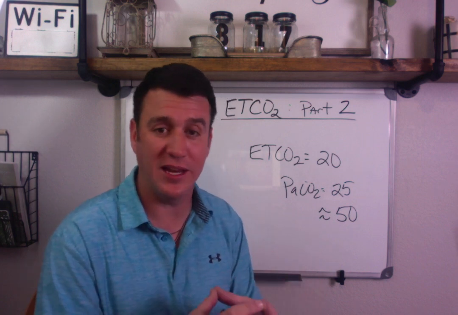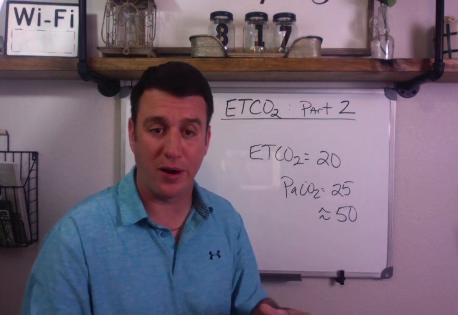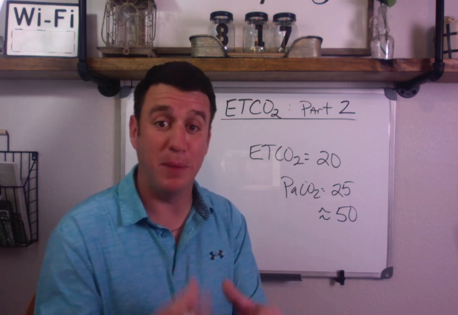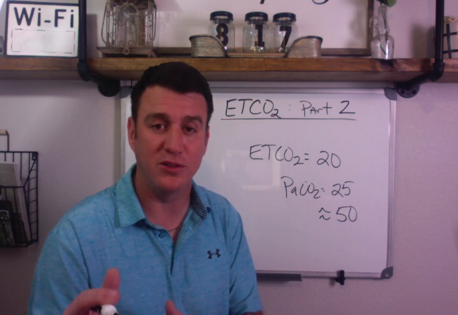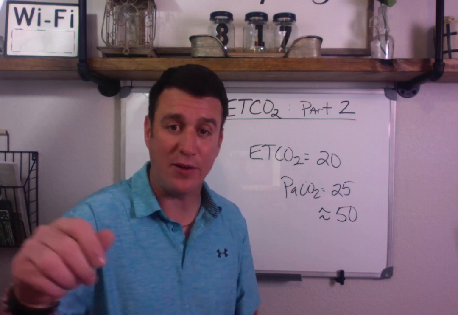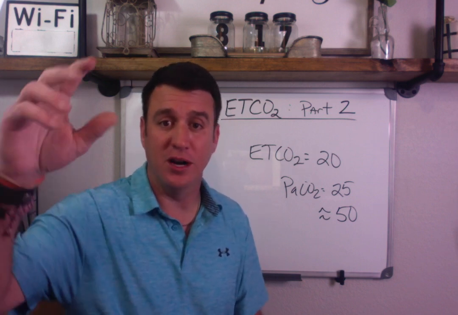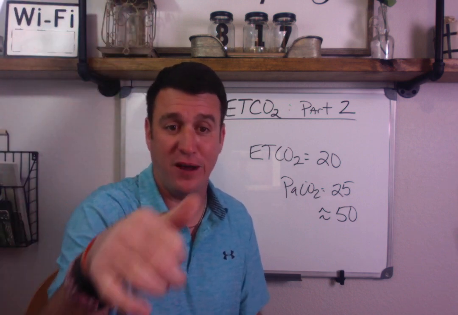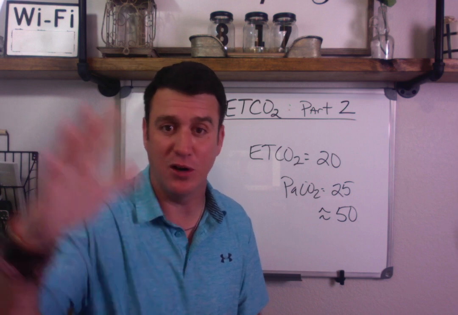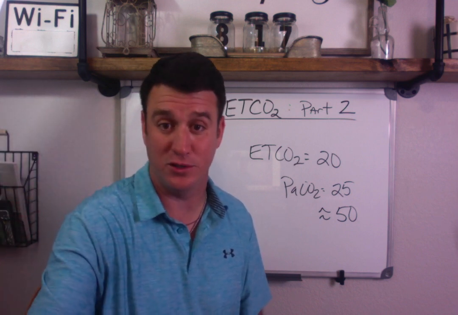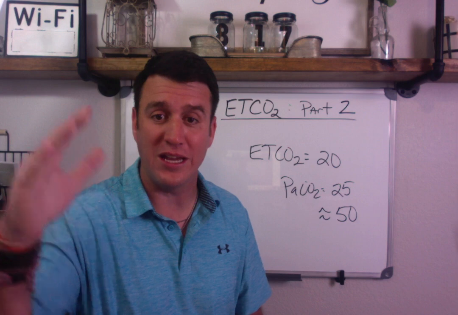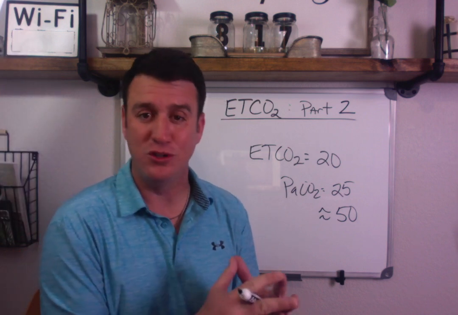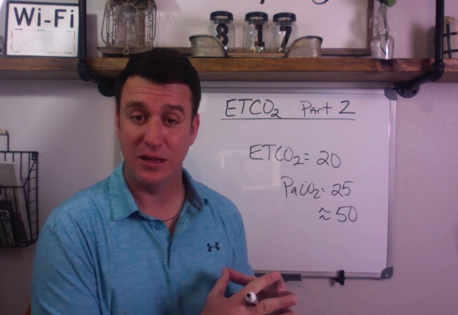This makes the gradient the most important part in understanding how to use end-tidal CO2 at the bedside, just like you use pulse oximetry. You wean down FiO2 from a SAT of 90, you have an SpO2 of 98%, so you turn the FiO2 down from 60 to 50 and it goes to 95. You still don't know what the PaO2 is, but you turn it down to 40 and it drops to 90. Well, at 90, we know that our PaO2 is approximately 60.